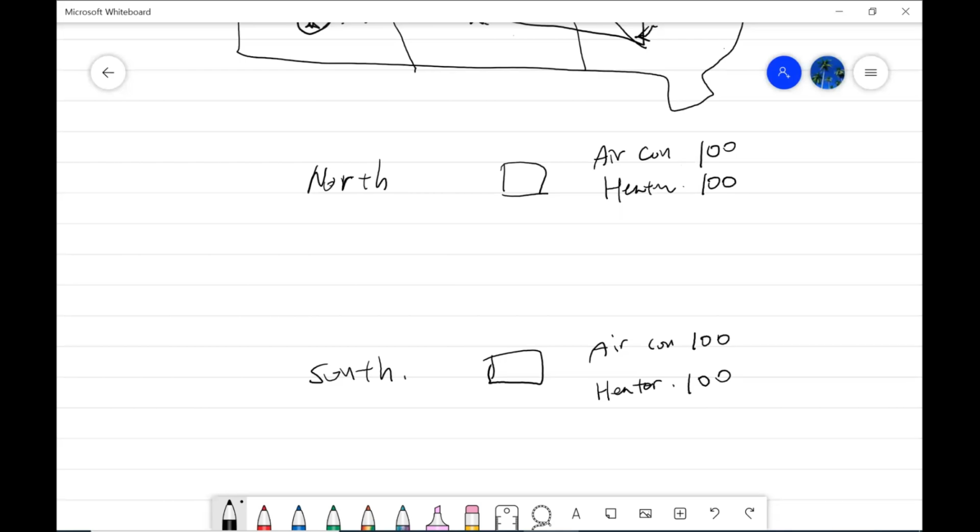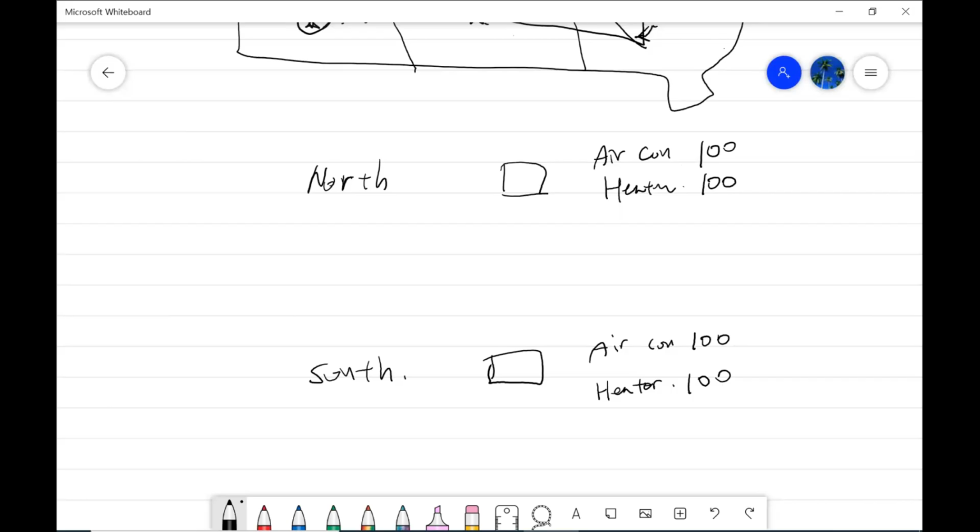But the south is quite a different place. In the middle of summer it is very hot, so air conditioner demand is high. On the other hand, in the winter it's kind of warm, not very cold, so they probably don't need so many heaters, just a few.